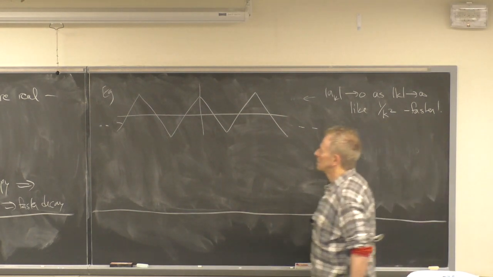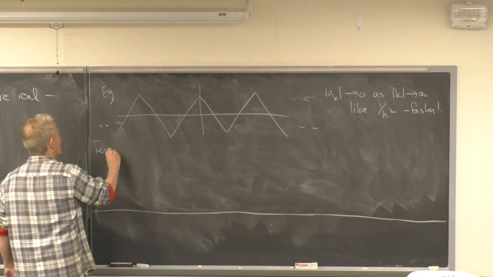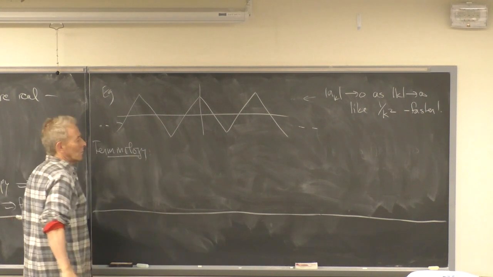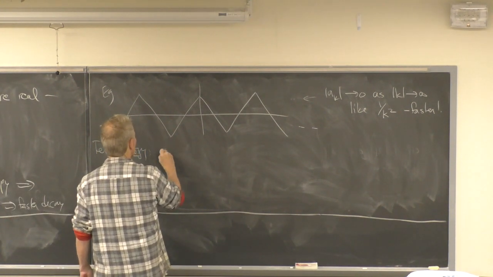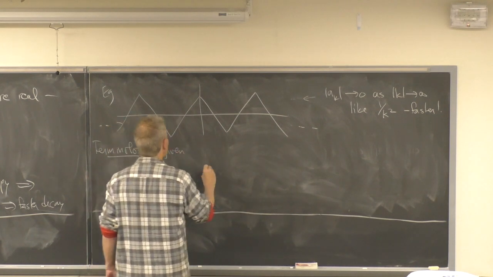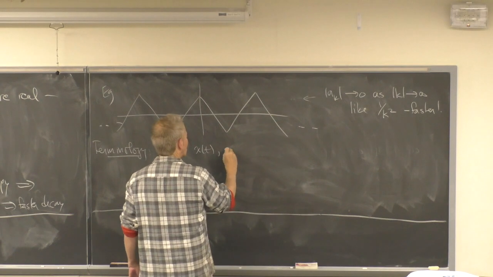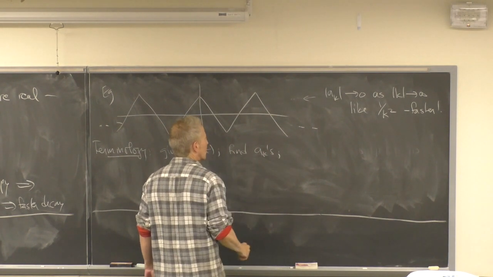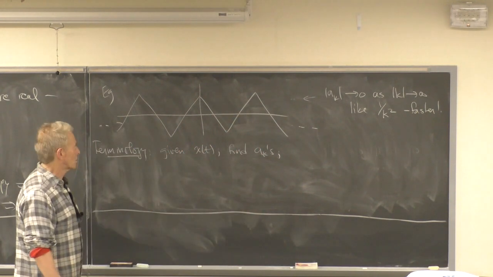And here's some terminology. Given x of t and its Fourier series coefficients, the AKs, we already know what we call A0. A0 is the average value of x of t.